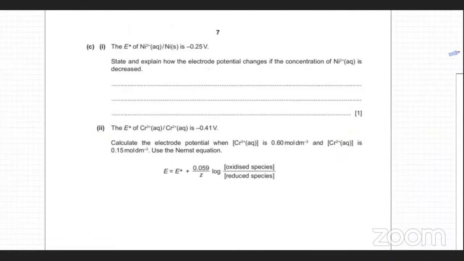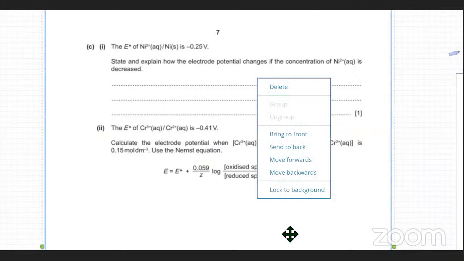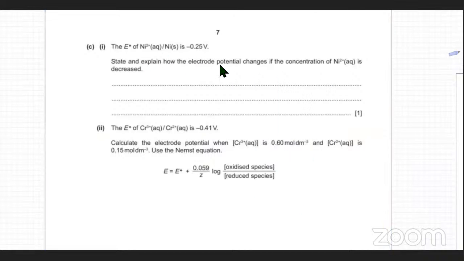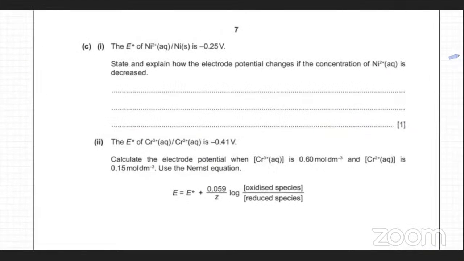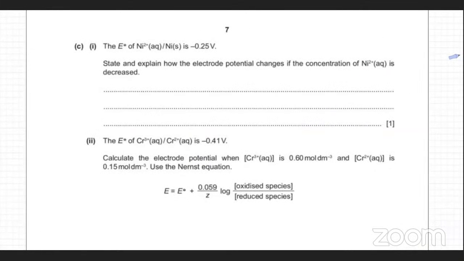You now have a nickel. Explain this if the concentration of nickel 2 ions is decreased. So let's focus on this electrode and tell me where the equilibrium would shift.